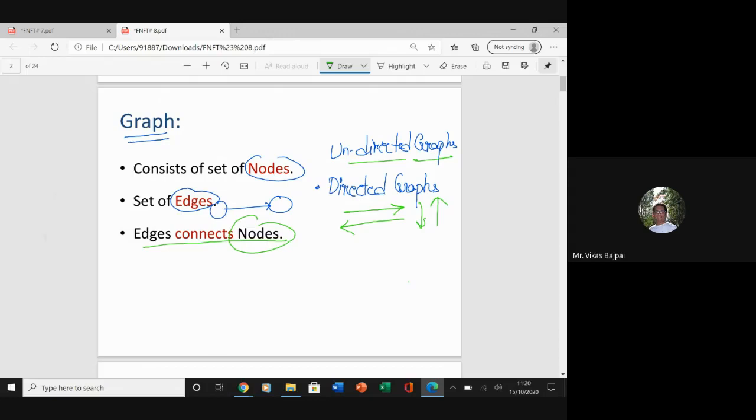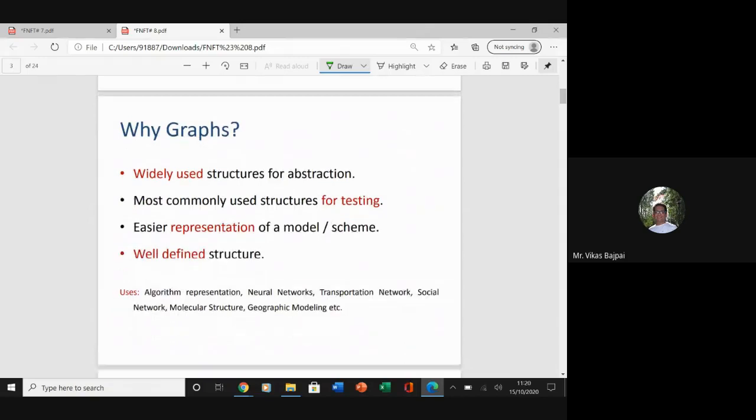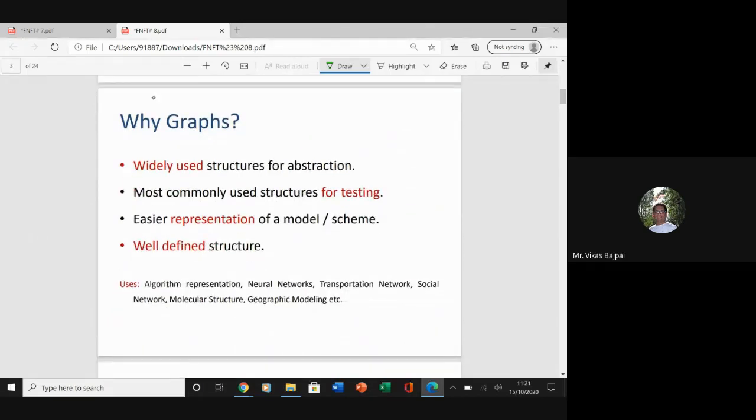And this particular graph is something which is a widely used structure for abstraction. Right? This is something which is very crucial. We'll see some good amount of usages here. And since we are talking about testing, this becomes a commonly used structure for testing.